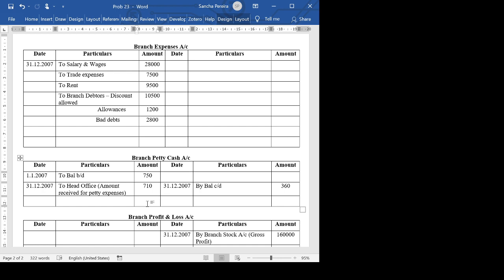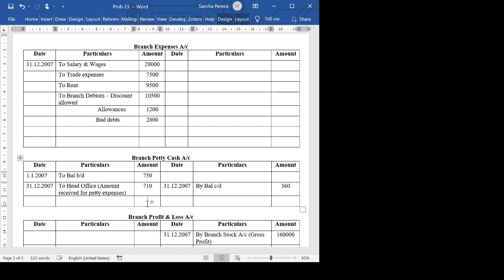So what do you mean by that? Petty cash balance. What is the meaning of petty cash balance? What do you think is missing in the petty cash account, which is normally given to us? Take the balance in expense account.